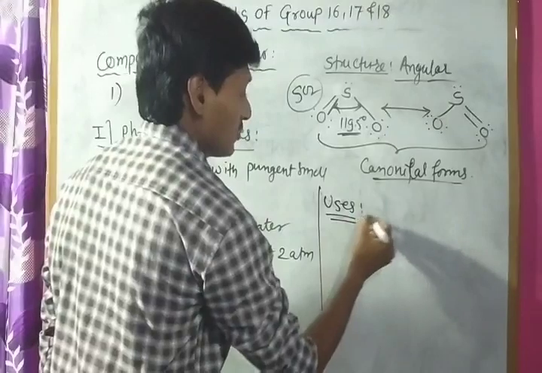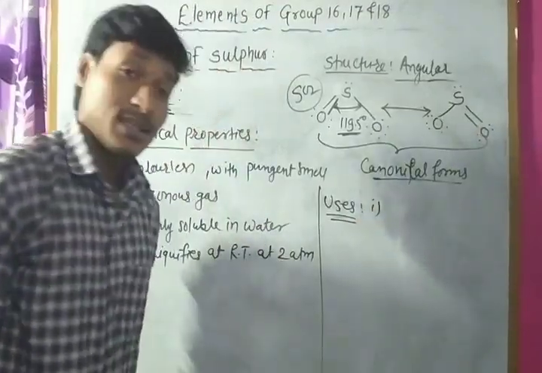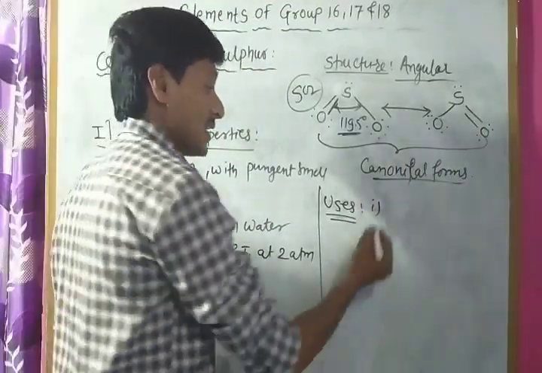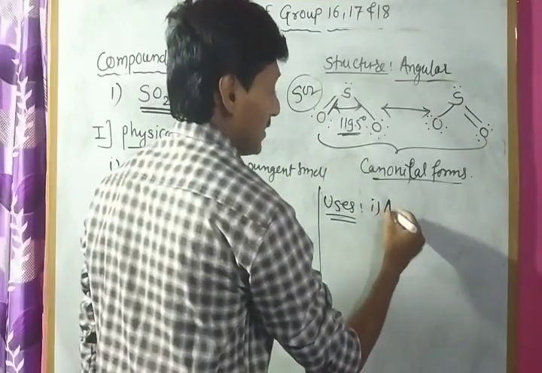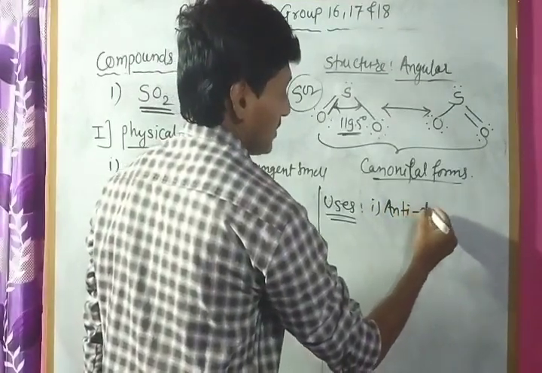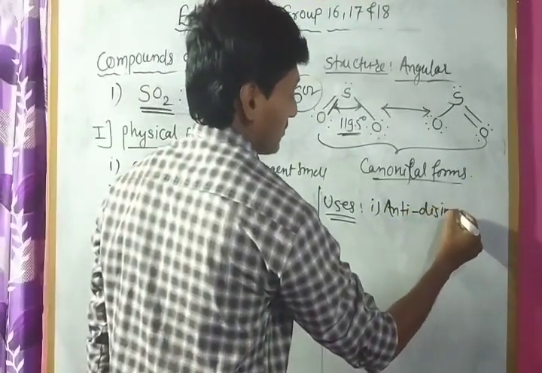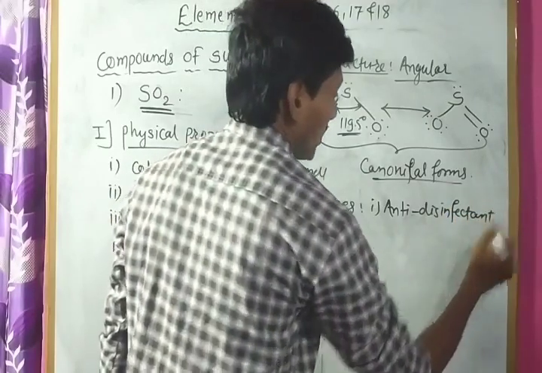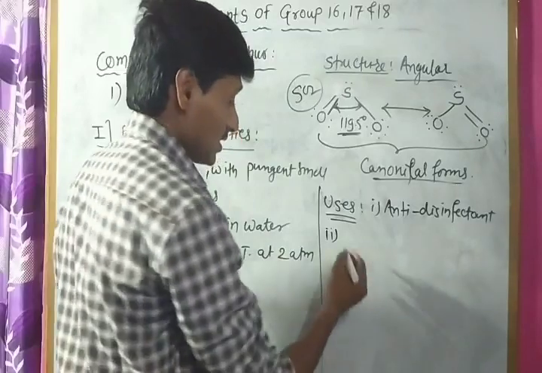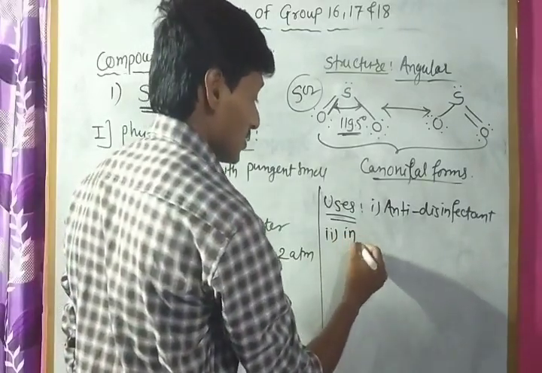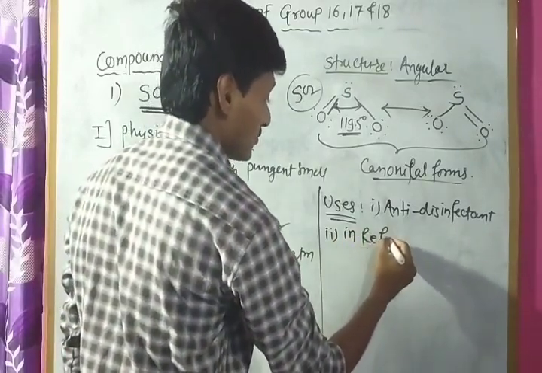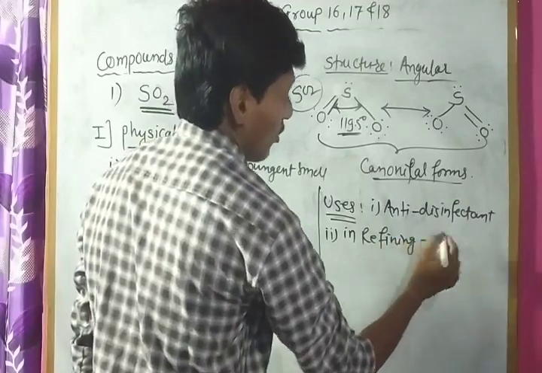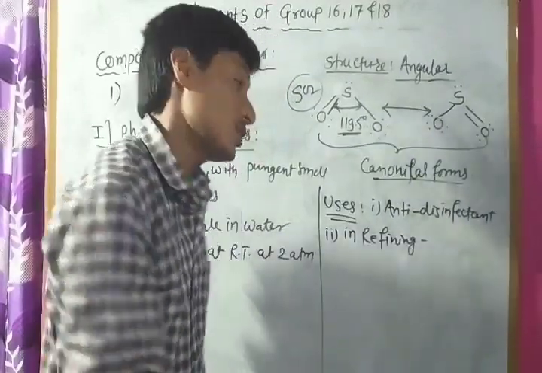Okay, its uses. So first use is, it is used as an anti-disinfectant. Second use is, it is used in the refining of petroleum and sugar.